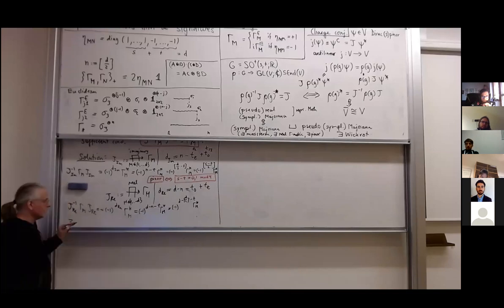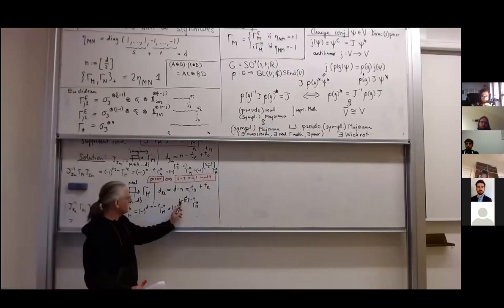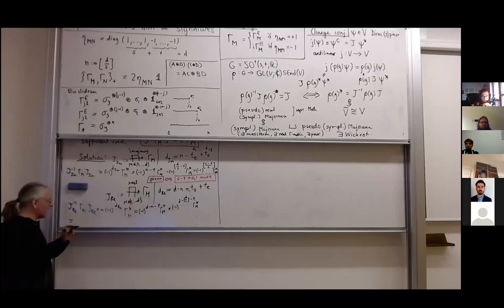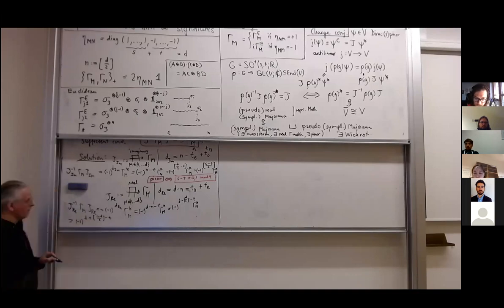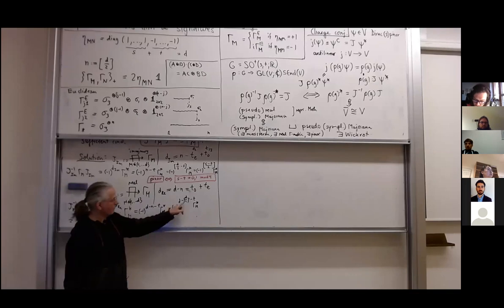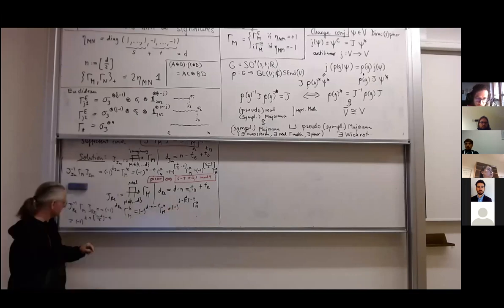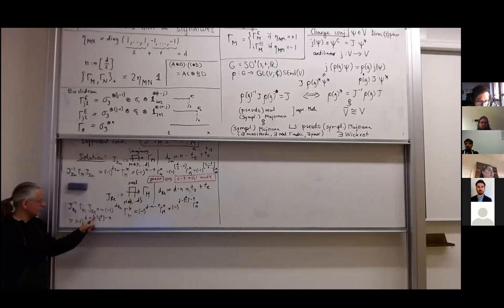I would like to get rid of the minus in front of this integer part. And I claim that that's actually the same as minus 1 to the d plus 1 minus d half minus t. So I claim that minus d half over 2 is the same as plus 1 minus d half.